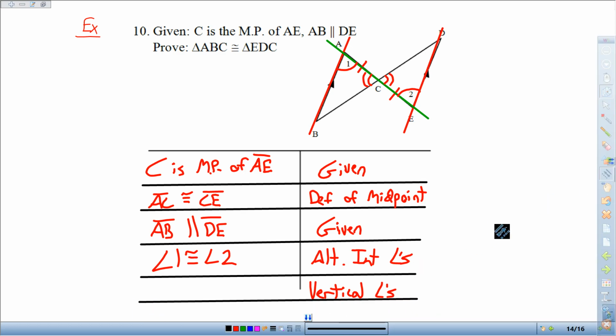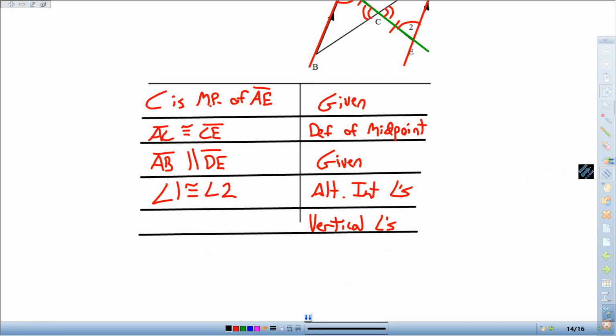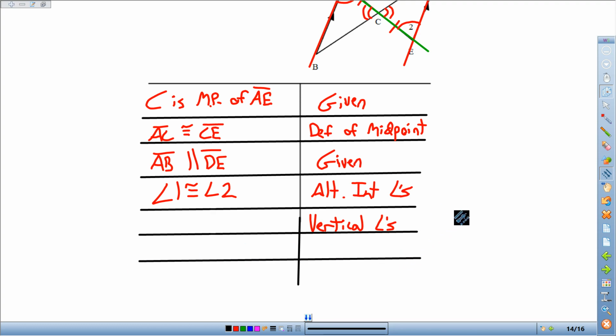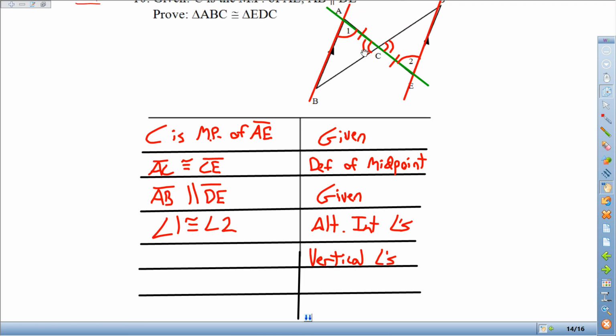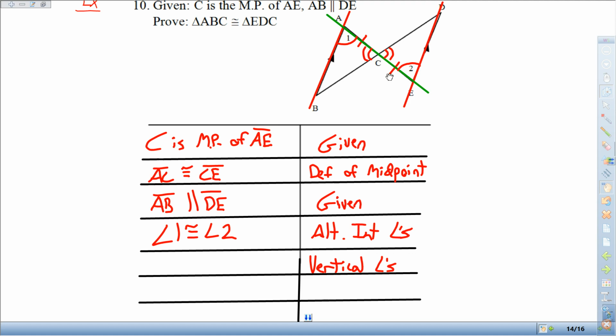Vertical angles, and that means they are congruent. I cut myself off. Let me go back up. I'm going to call this one ACB. I'm going to call this one DCE. So angle ACB is congruent to angle DCE.